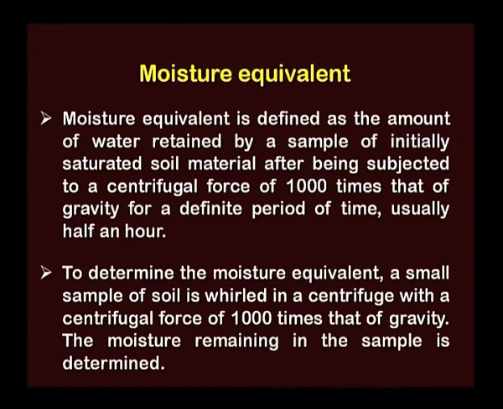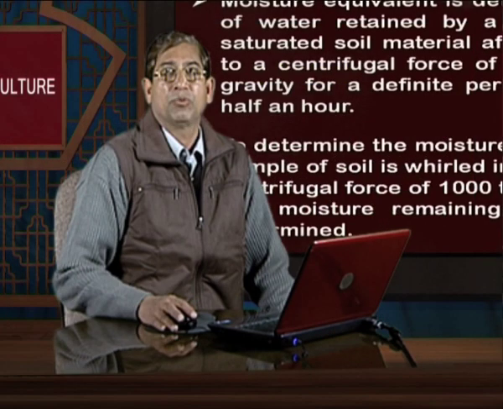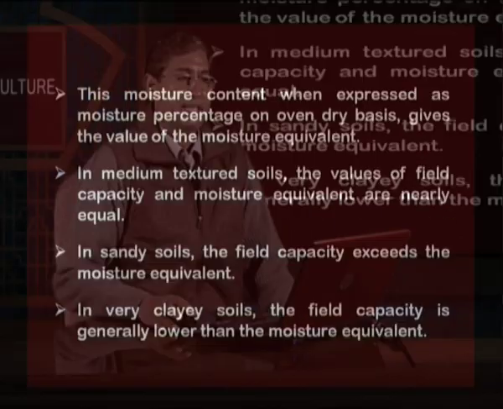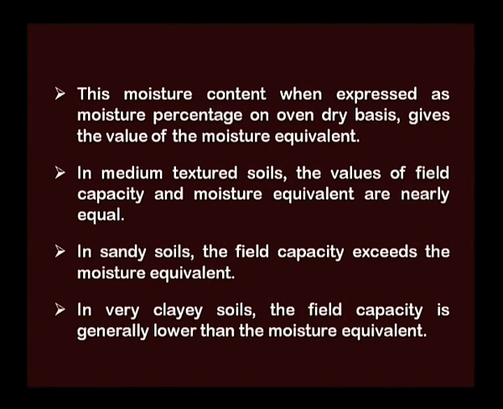To determine the moisture equivalent, a small sample of soil is whirled in a centrifuge with a centrifugal force of 1000 times that of gravity. The moisture remaining in the sample is determined, and this moisture is known as moisture equivalent. This moisture content, when expressed as moisture percentage on oven-dry basis, gives the value of the moisture equivalent.